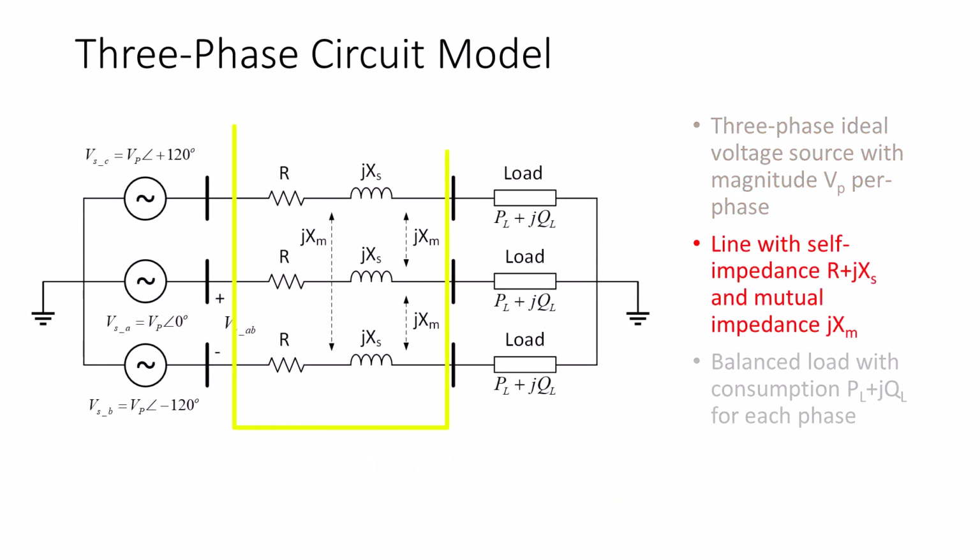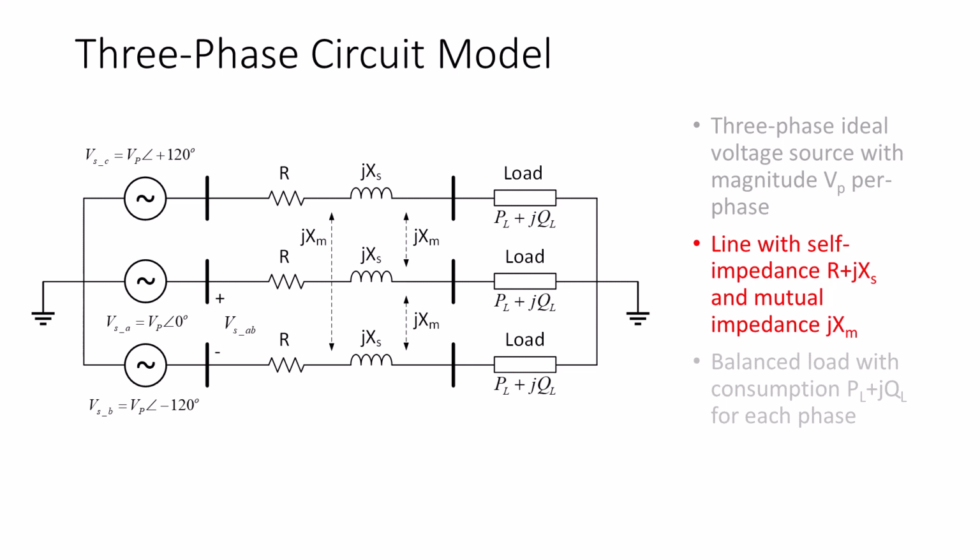The line model for a three-phase transmission line consists of a series resistance, a series self-inductive reactance XS, and magnetic coupling between phases represented by XM. Note for a transposed line that the mutual couplings are all the same.